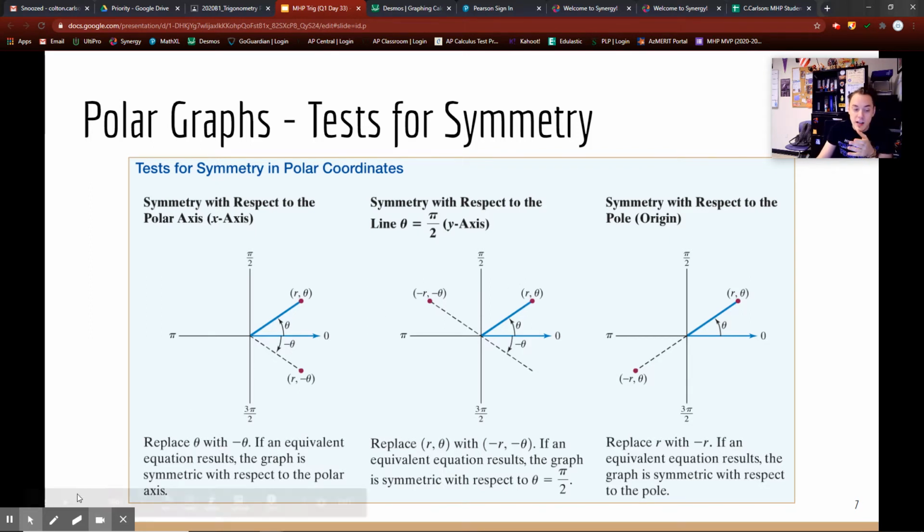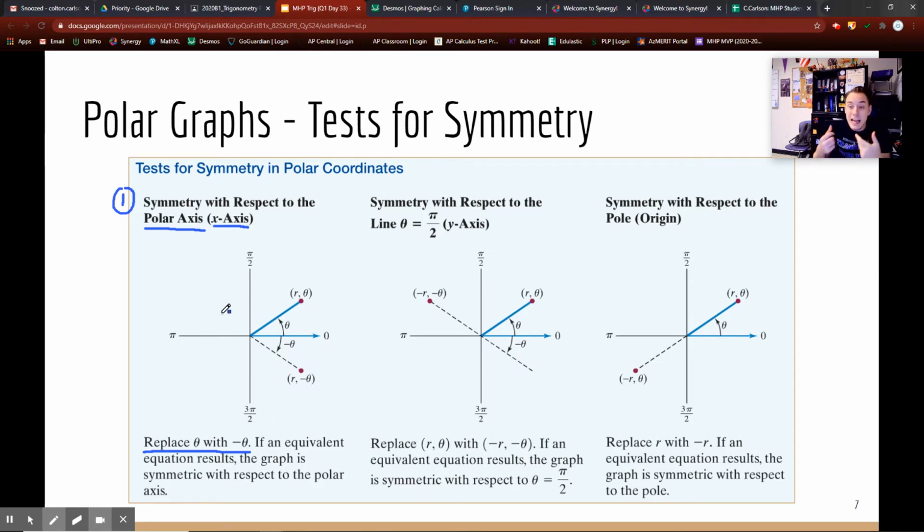So the first, if I say it's symmetrical to what we call the polar axis or the x-axis, they mean the exact same thing, then what you're going to do is replace theta with negative theta. If equivalent, then the graph is symmetrical. You're going to start seeing with all of these, the second and the third, it will always say if equivalent to your actual graph.